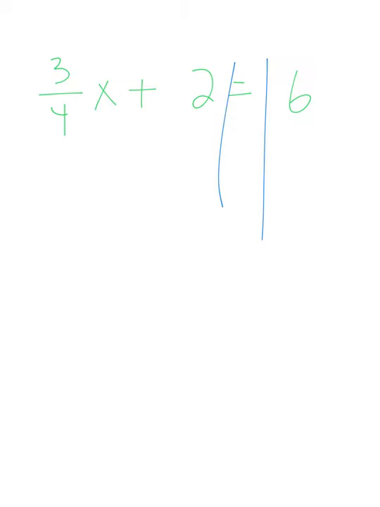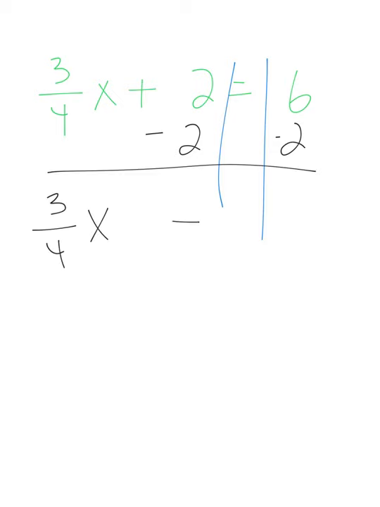So how does that help with solving this equation? Well, remember we're going to undo the adding and subtracting first. So we're going to subtract 2. And we have 3/4 x equals 4. Now we are going to multiply, that's your multiplication. If you want, you can put a dot, by the reciprocal, which is 4/3.